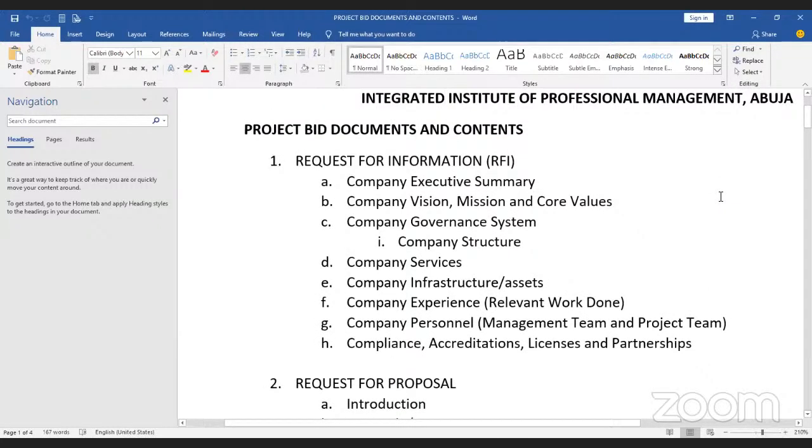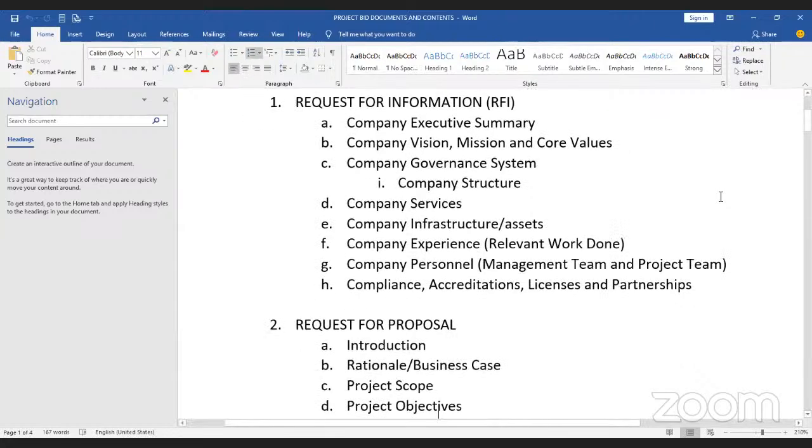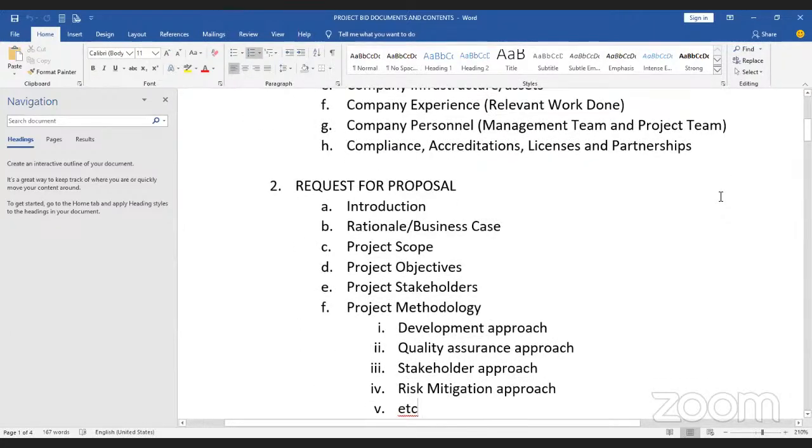You see this request for information, the company executive summary, gives you the introduction to your company and everything your company does in a snapshot. You see this place we have introduction. We are not looking for you to introduce your company again as you registered with your license.